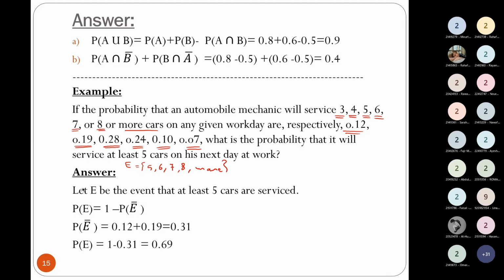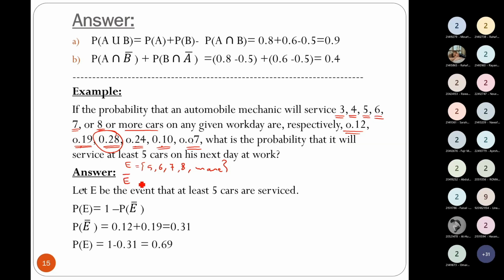Okay, so the probability of E equals service 5, 0.28, service 6, 0.24, plus service 7, 0.1, plus 8. Sorry, wait: 3, 4, 5, 6, 7, 8, and more. Okay, we don't have more. Okay, so this is the event.